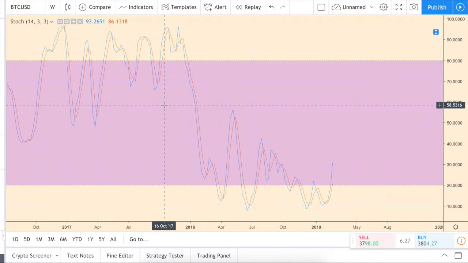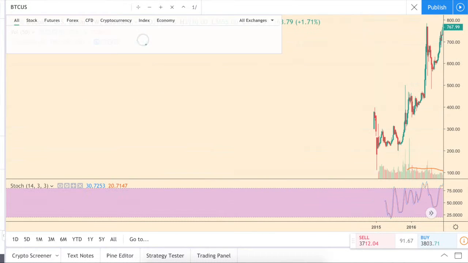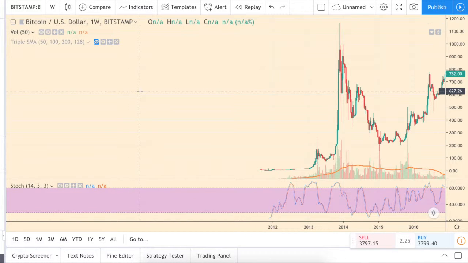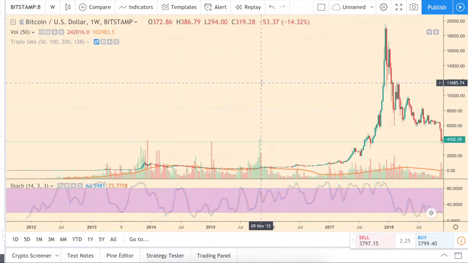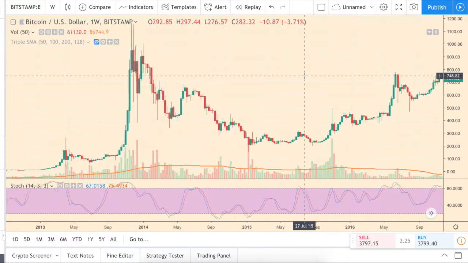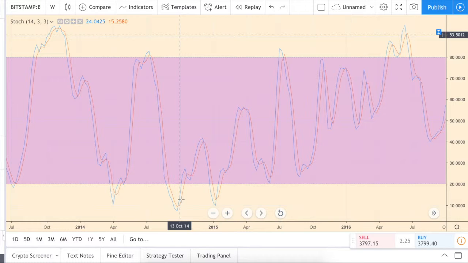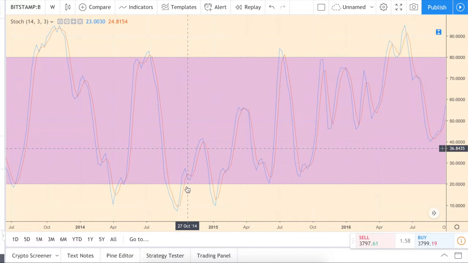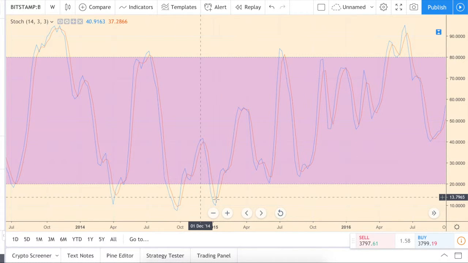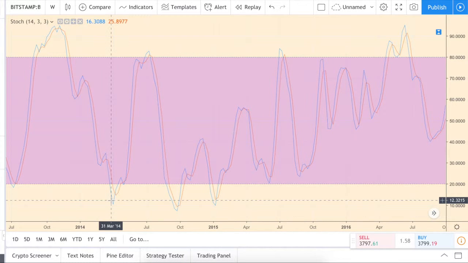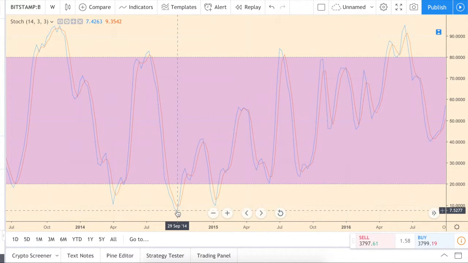Moreover, if you return to 2015, we would have to go to Bitstamp to see that. In 2015 you may also see a very similar picture of the lows and the behavior of the stochastic oscillator in general. These were the three lows which we saw in 2015 and 2014, and you see again this was not actually at the bottom but before that, and they started to go higher.